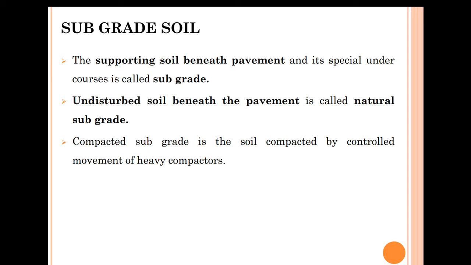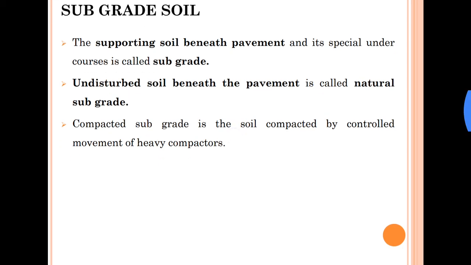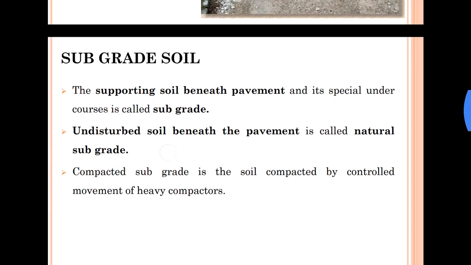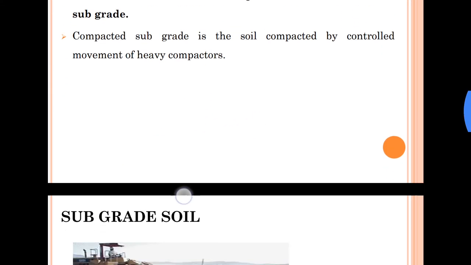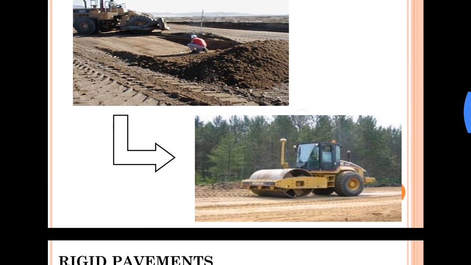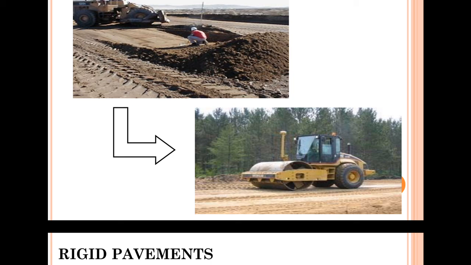Okay, so subgrade is the natural soil that is present. Okay, if we compact the soil before road construction, then it is compacted subgrade, and if we do not compact, then it is known as a natural subgrade. Okay, the soil we compact using the rollers.